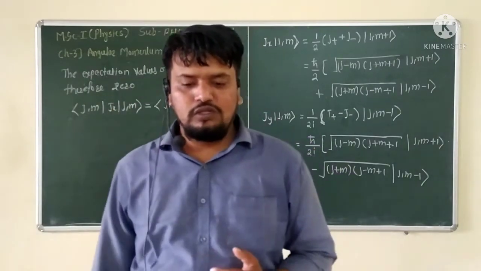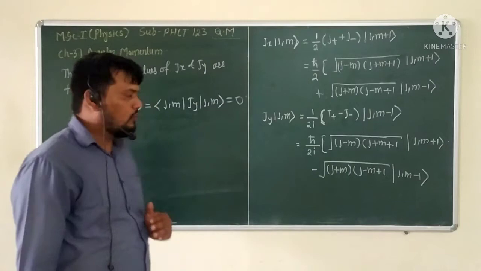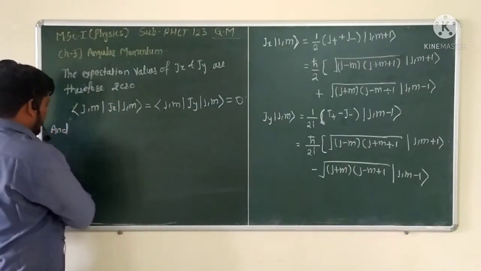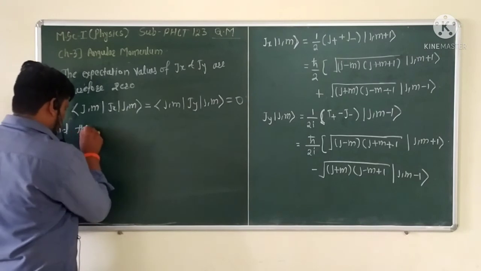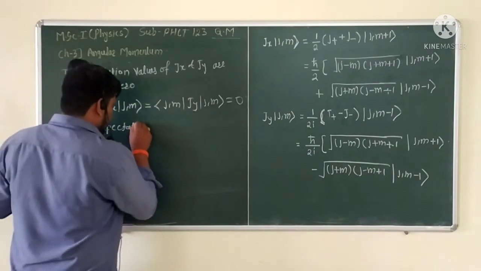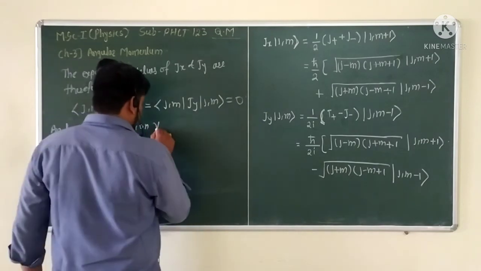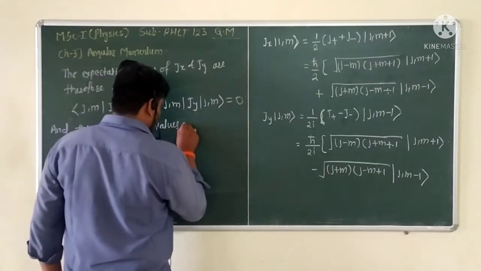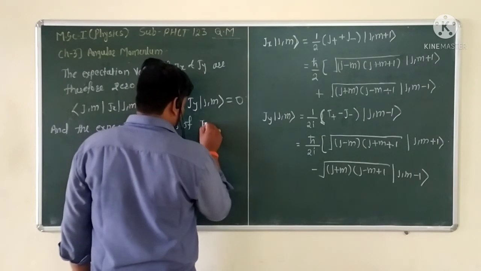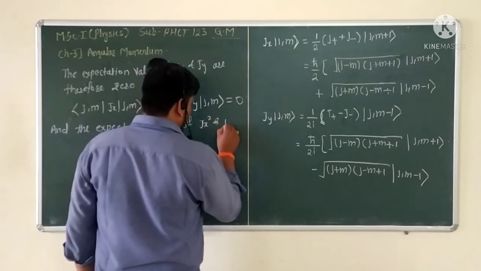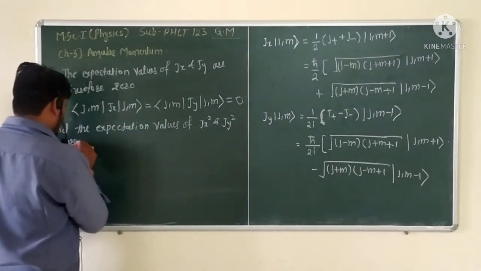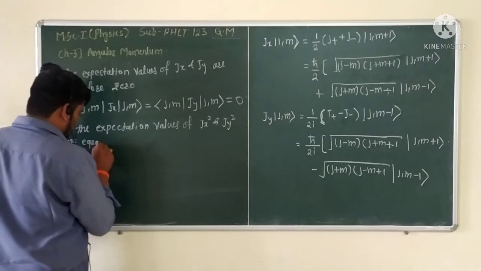And the expectation values of Jx square and Jy square are equal.